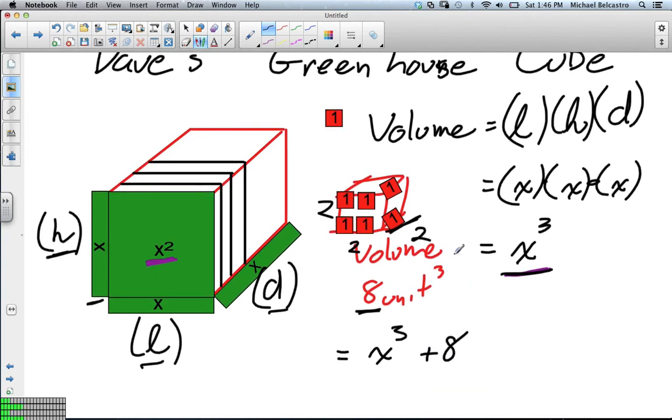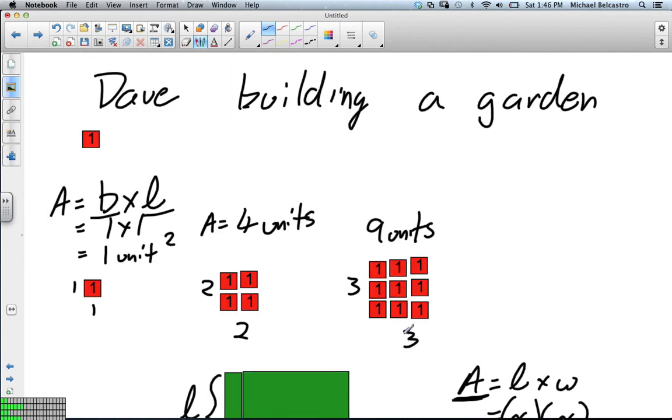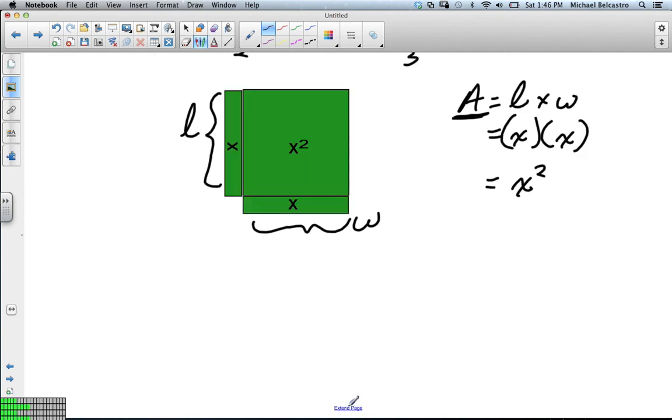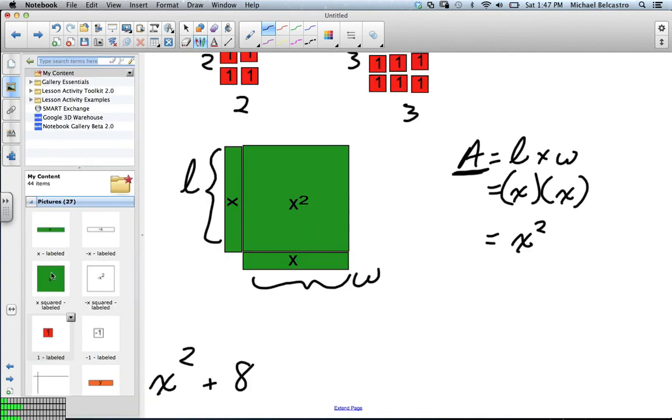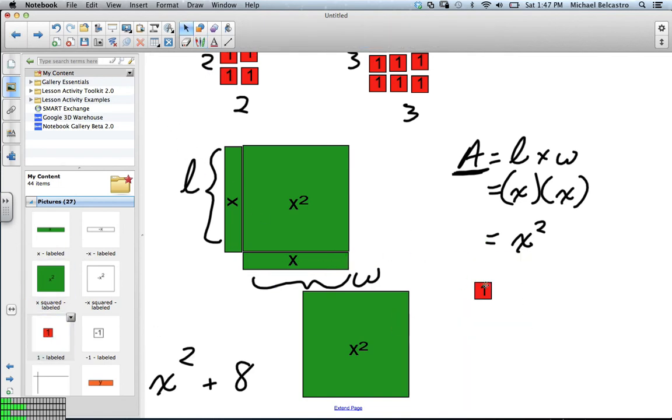Well, in order to represent that using algebra tiles, and we don't have an algebra tile for cubed, right? So let's actually refer back to his garden. We'll jump back one. Let's say he has a garden and that doghouse, okay? Well, in this case, we can represent this. Our garden is x squared, an unknown amount, and then we know we have 8 units in terms of material he needs. So to represent this with our algebra tiles is one of those, and then 8 of those, exactly.